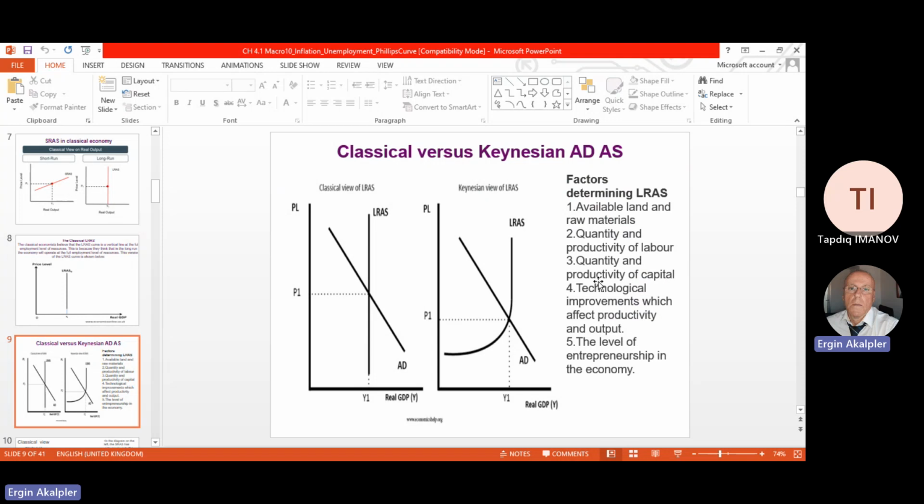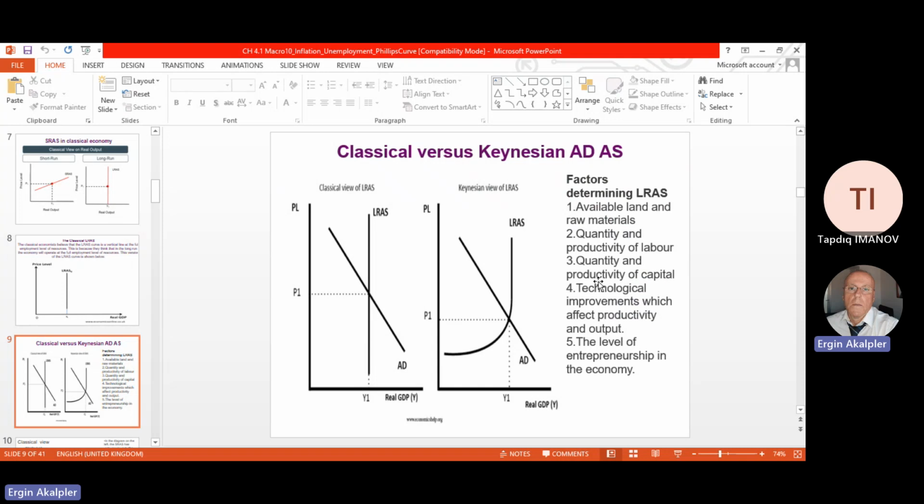In the intermediate level, price changes become effective on the aggregate supply, but in the long run, it becomes ineffective as in the classical view. This shows that long run price changes or inflation have no effect on the economy. Neither employment nor output is affected by these price changes.